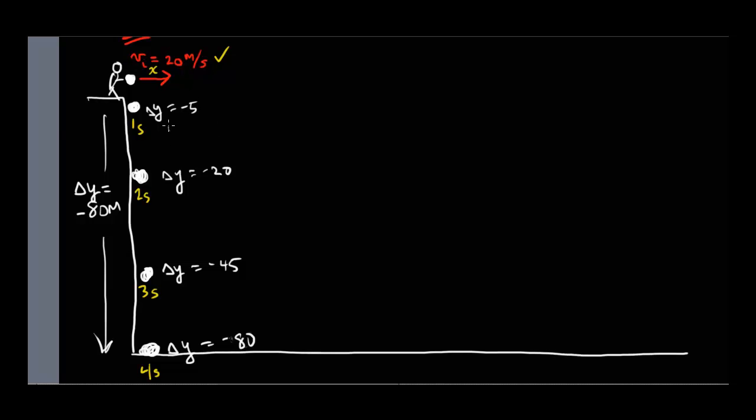So this distance right here is 15 meters. This distance right here is 25 meters. This distance right here is 35 meters. Right, it's going faster and faster and faster, so it's falling a farther and farther distance every second.